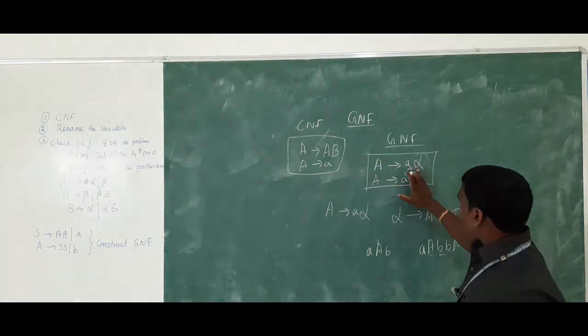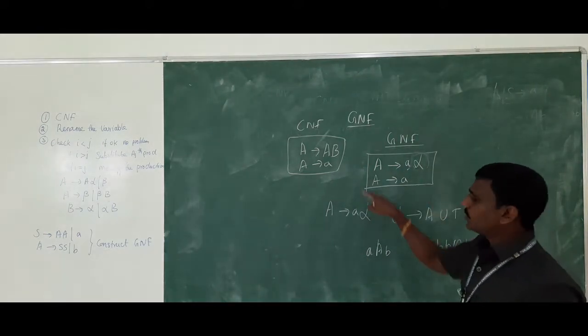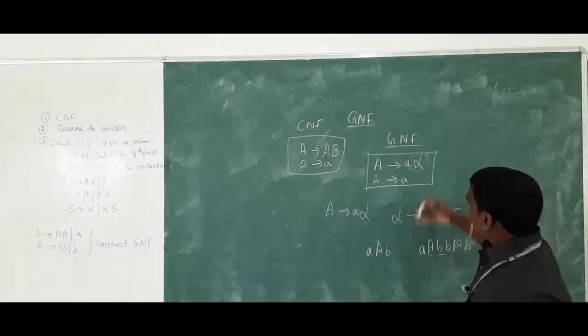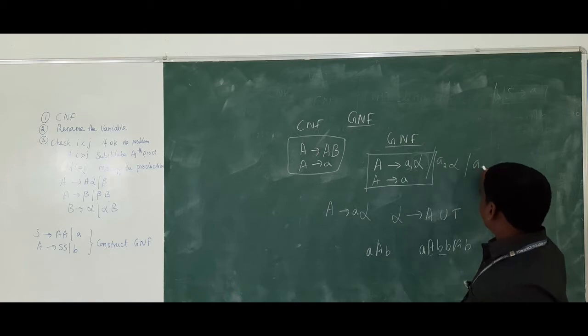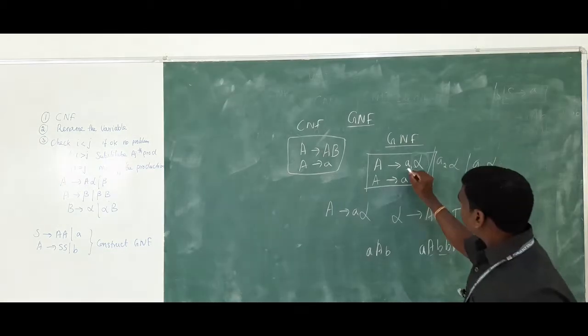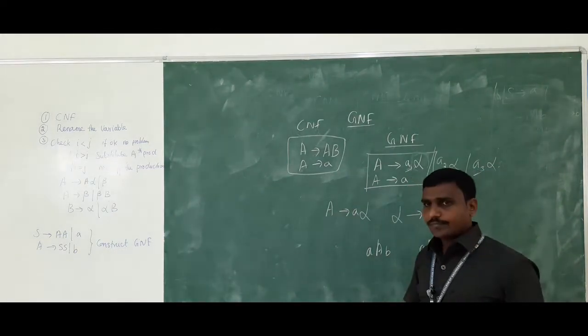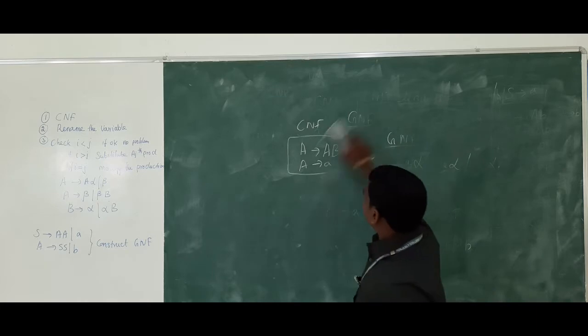Whatever grammar they have given, we have to convert into this form. One variable tends to a terminal followed by alpha, or terminal 1, terminal 2 alpha, terminal 3 alpha. Whatever it is, it starts with a terminal, or it is a single terminal. So this is what Greibach explained.